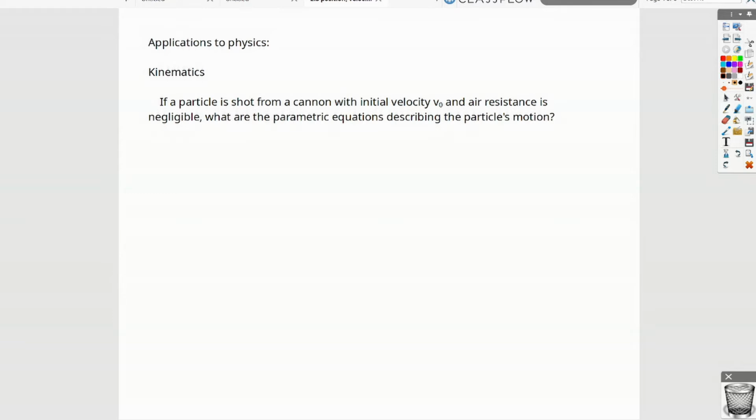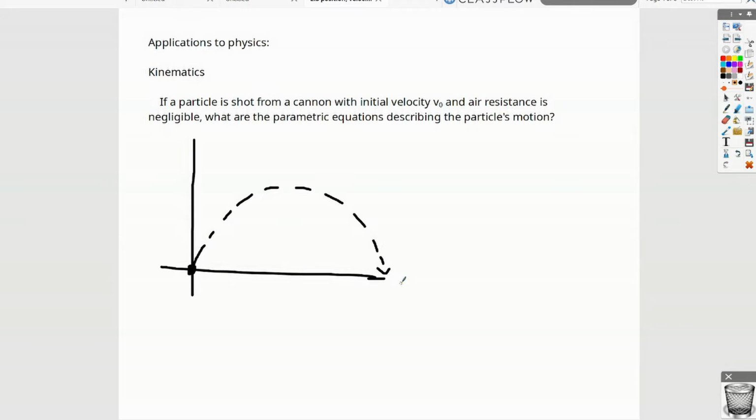So if a particle is shot from a cannon with initial velocity 0 and air resistance negligible, so there's no force contributed from the air resistance, what are the parametric equations describing the particle's motion? So what you have to realize is, let's say we have just a point right here, and it's going to go in a parabolic motion because that's how our world works.